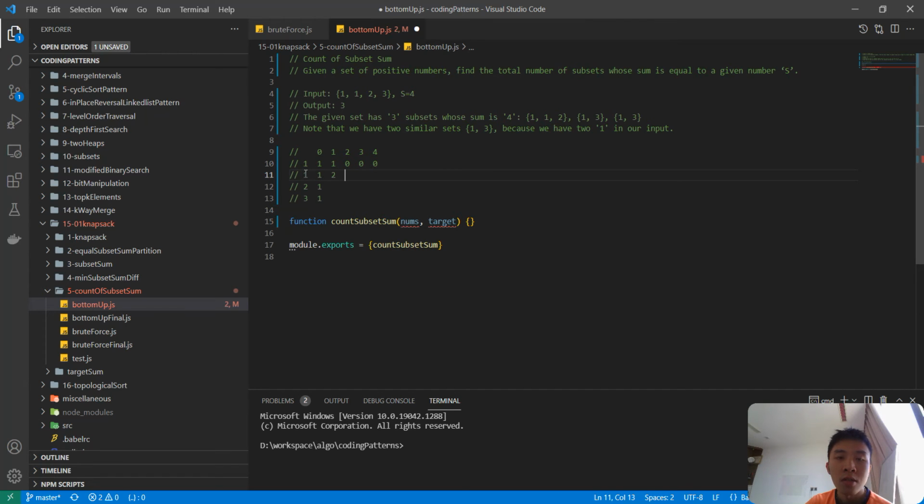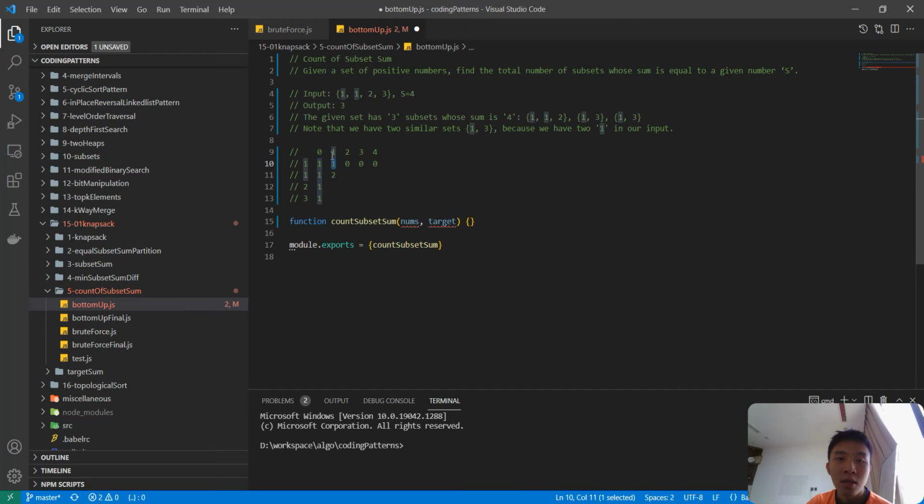But for the case we select one here, how many subsets can we find that sum up to 2? If I select one, I will take out one from the target sum 2, and we are left with 1. The new target sum is 1, but not including this current number, because we already took it, so it is here.